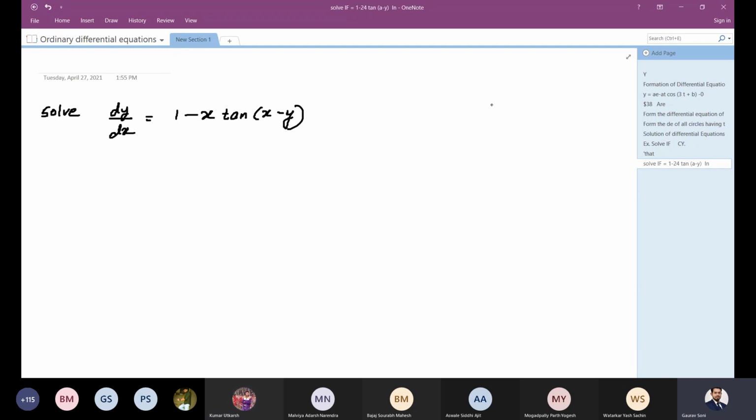There are two types of substitutions. I will write it down here as a remark. If you want to note it down in your notebook, note it down. The remark is there are two types of substitutions that will be helpful.